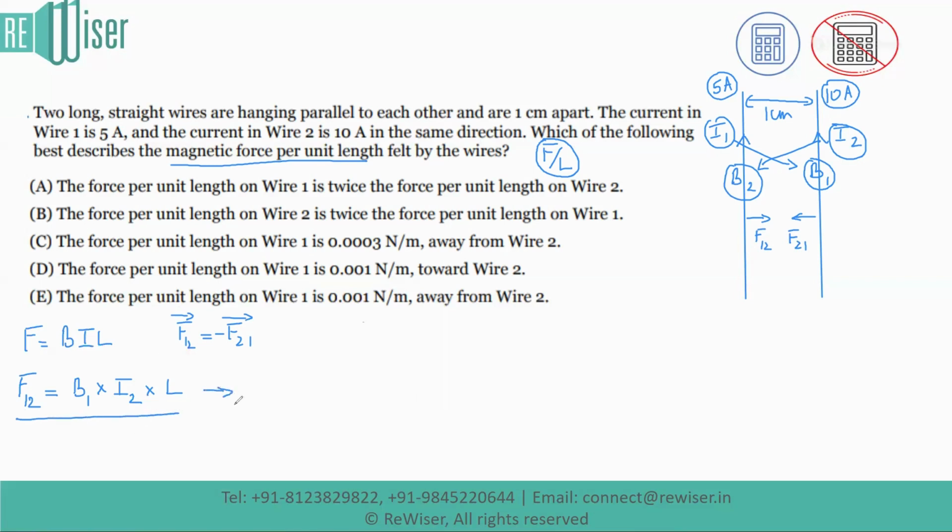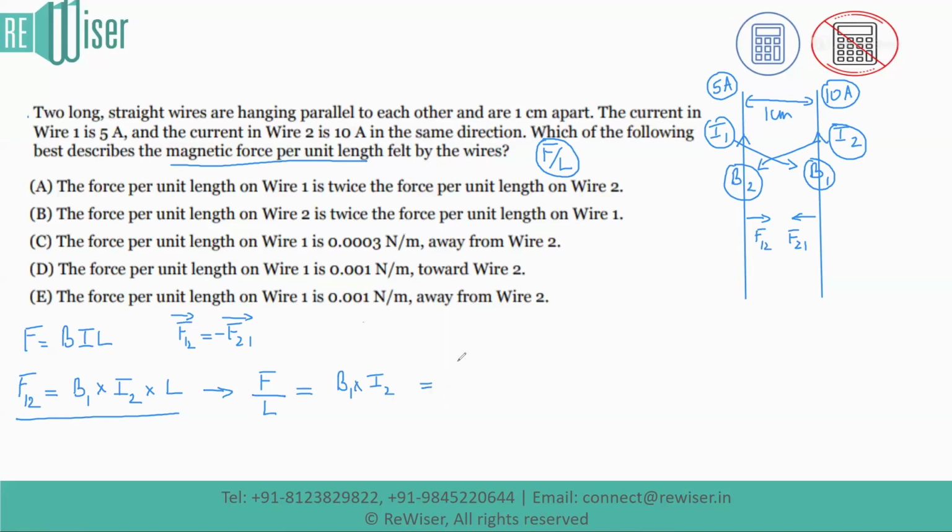So going to the next step, since F12 is F21, I'll just write it as F in general. So F by L, the force per unit length, is equal to B1 into I2.